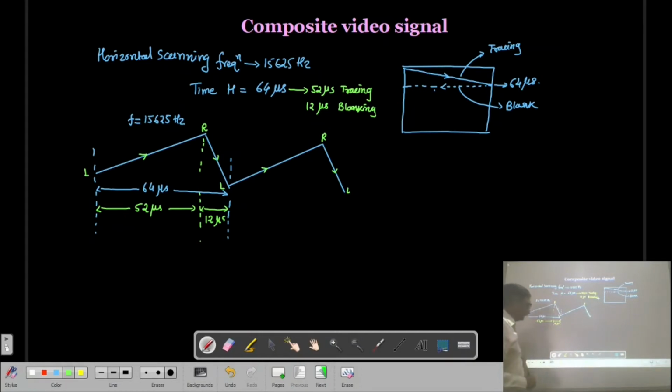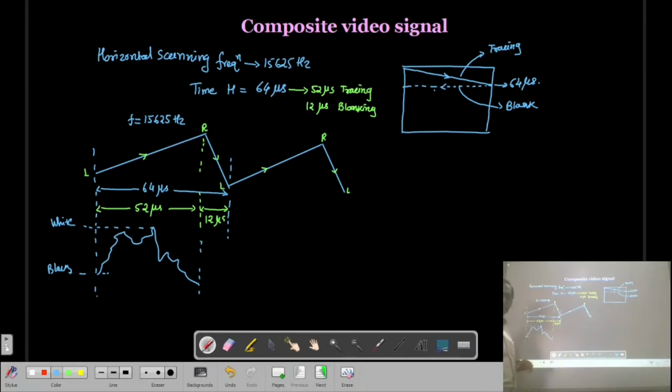So here we see how this video signal is going to be generated. During this time period that you can see here, the electron beam is collecting the information like this. So wherever the intensity is high, the amplitude will be large, or where the intensity is lower, the amplitude will be small. So you can say that this is representing a white level, and this is representing a black level.